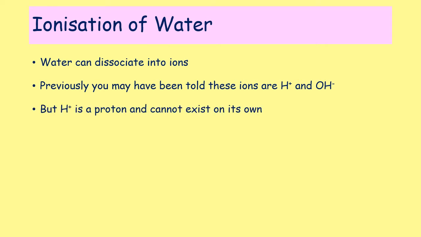Actually, an H+ ion is technically a proton on its own, which would not be stable to exist on its own, and it has to attach onto something else in order to be stabilized.